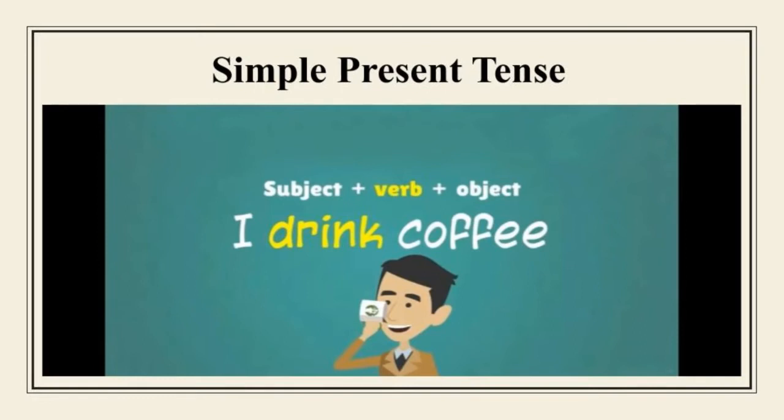For example, if you are using he or she instead of I, we should use either s or es. It means she drinks coffee, he drinks coffee. But in the given example we used the subject as I. If it is I, we should not add s or es to the verb.